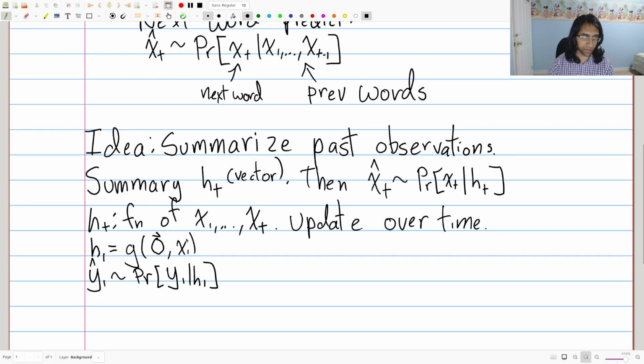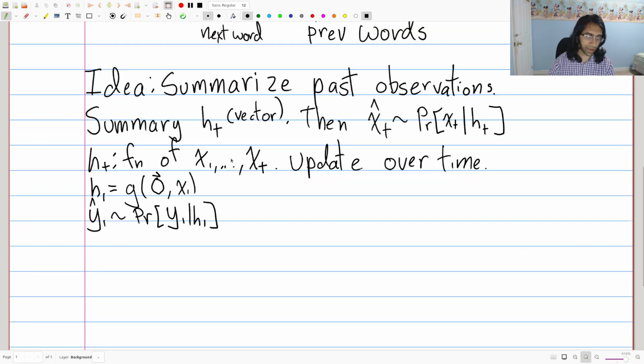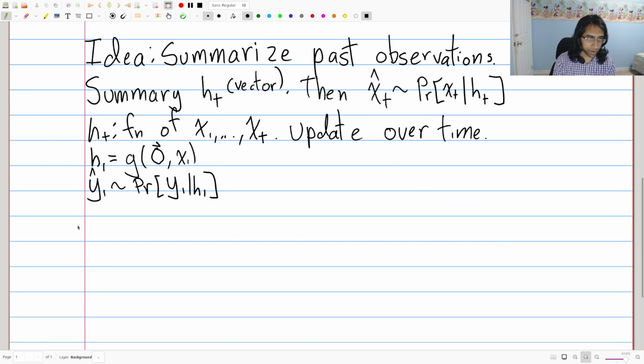If this seems unfamiliar to you, then if you just want to simulate the setting we were talking about, you can say, for example, y hat 1 equals x hat 2.